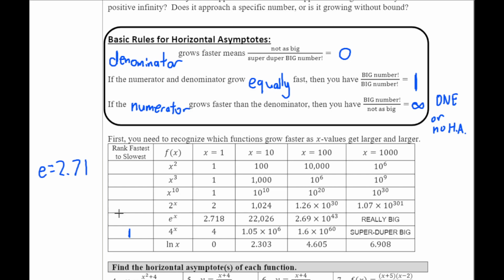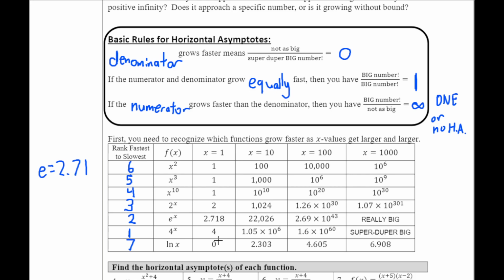The second quickest is e to the x, because that's 2.71 to the x power. Third fastest is 2 to the x, and then x to the 10, and then x to the third, x squared, and then ln of x grows the slowest out of all of these here.